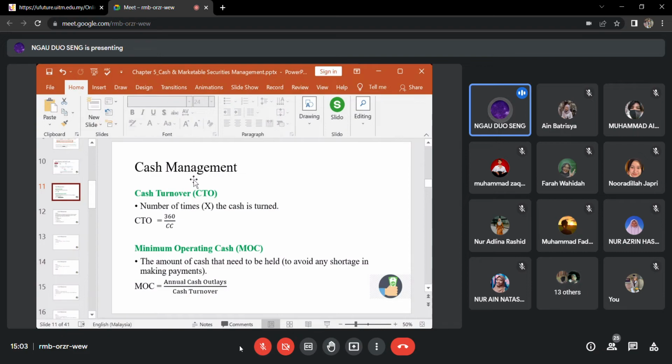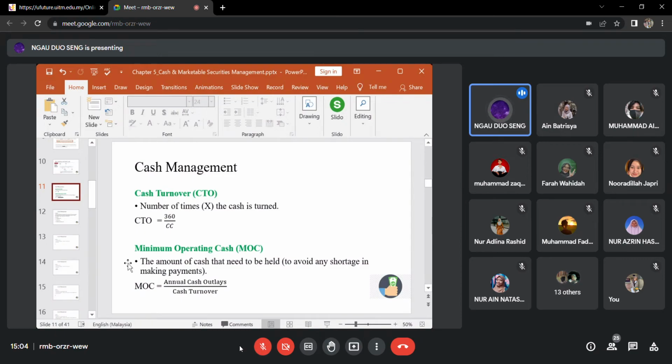Alright, next. Now we go to the formula to calculate the CC. So we have cash turnover, number of time in cash, it's turn. So we have cash turnover equal to 360. So we assume 1 year equal to 360 days. Divided by cash cycle.